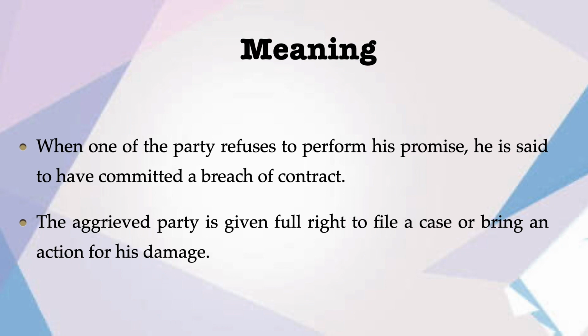The party who has suffered the loss, called the aggrieved party, is given full right according to the law to file a case or bring an action against him and claim the damages.